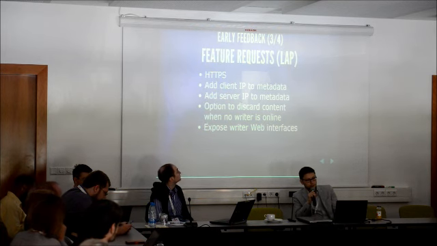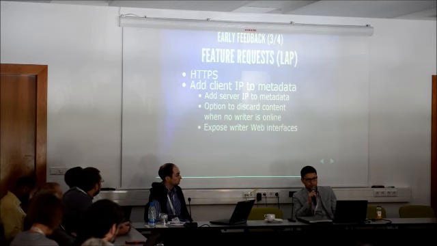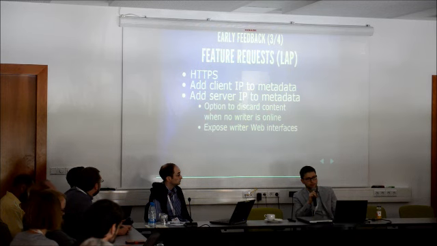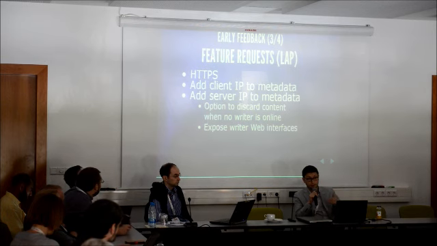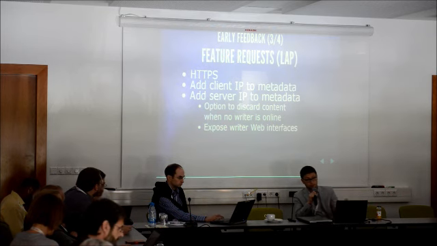So feature request, HTTPS of course. You, I think, have requested to add the client IP to the metadata because it's requested by the WARC format, I think. Server IP to metadata was asked too, but it's difficult because it's hard for the client to know the IP, which could be another proxy in the chain.